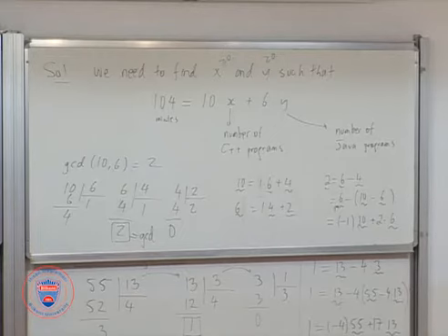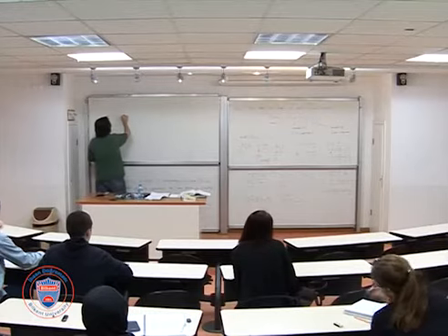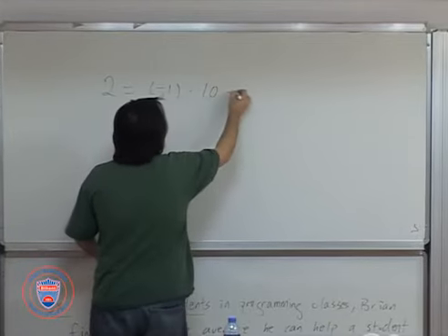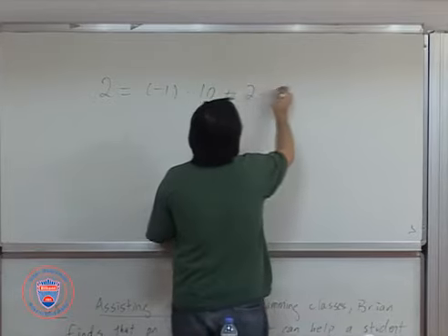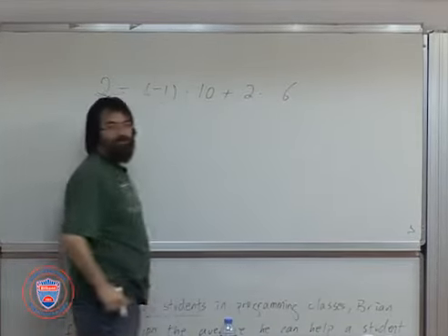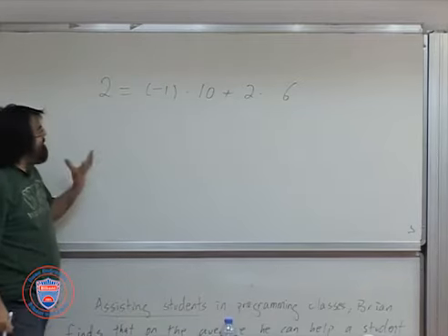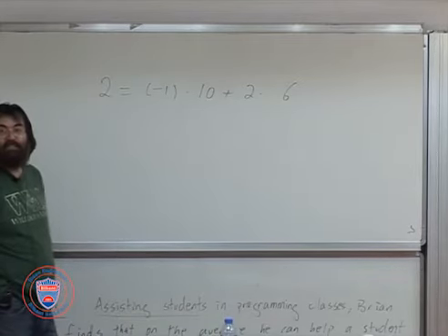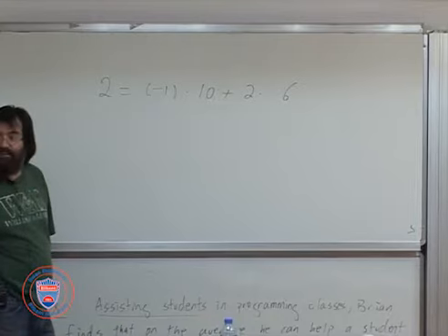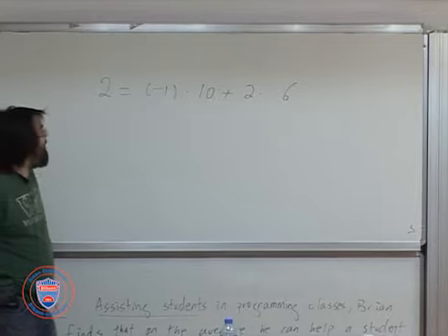Think about it. Let me write it again. We know that 2 is equal to minus 1 times 10 plus 2 times 6. I want to make these coefficients positive. So how can I approach this? You add a number which is divisible by 6 and 10.